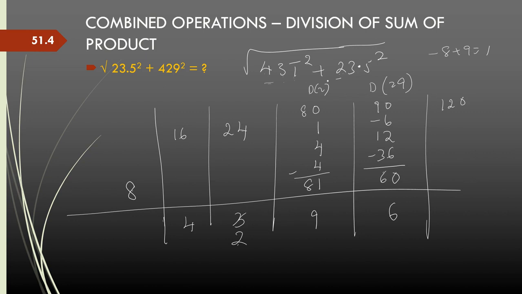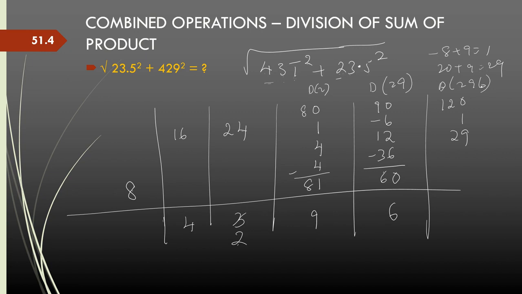Now calculate the next part. The next part from this number is only 1 square, 1. The next part from this number is 2 into 2 into 5, that is 20, plus 3 square, that is 29. So plus 29, and then subtract duplex of 296.